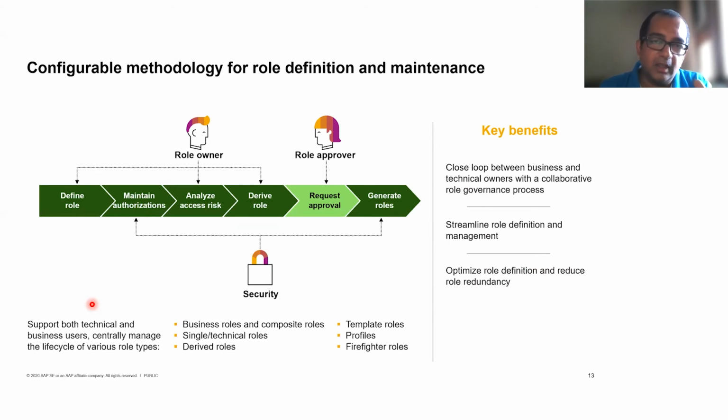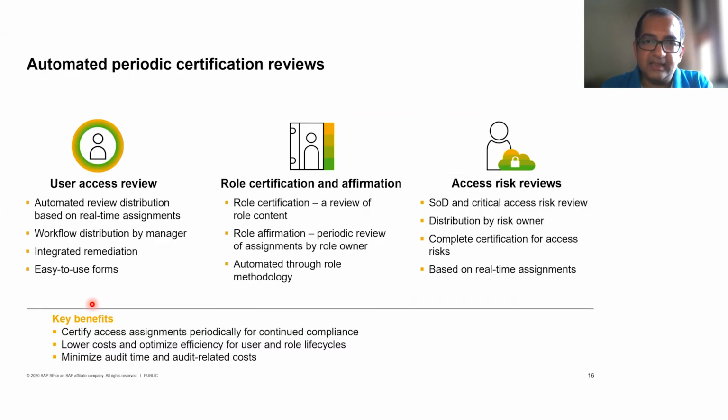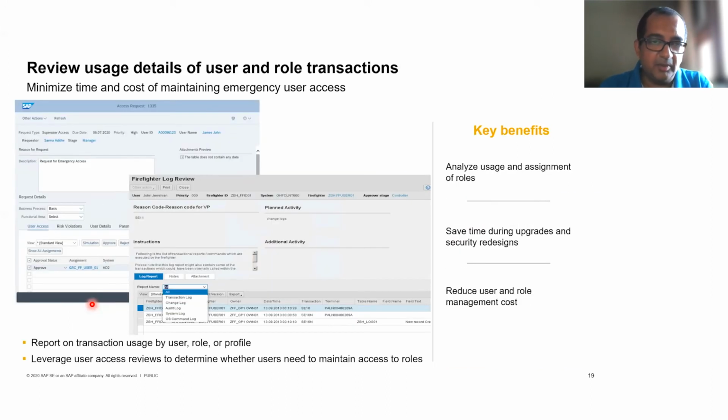I was also talking about the role definition and maintenance. The entire role design can also have the segregation of duties mechanism built in, right? Once that is done, I will just navigate to some of the other important areas as well. So that is in terms of the super user access that I was talking about.